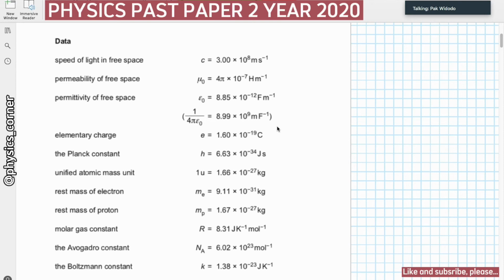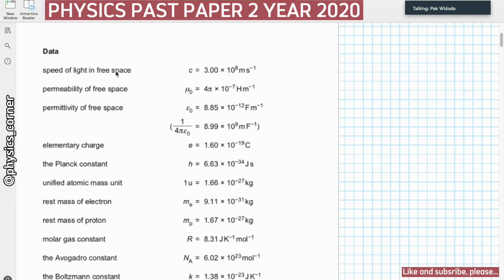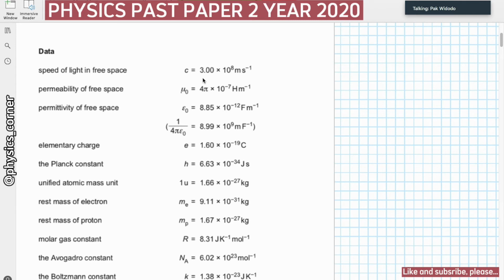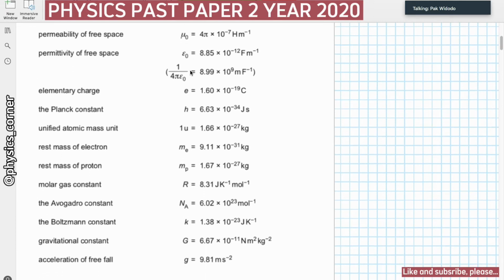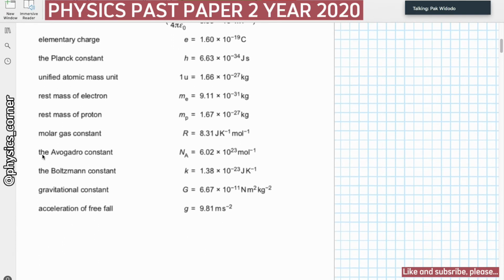For the paper test, we will have data like, for example, the speed of light in free space is 3.0 times 10 to the power 8. Then the permeability of free space, which we use in electrostatics. And other constants like the Avogadro constant N_A equals 6.02 times 10 to the power 23 per mole, and so on.